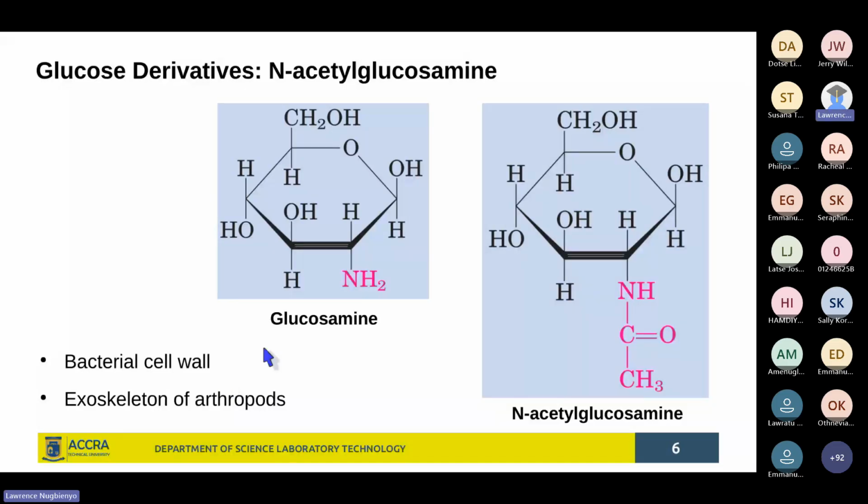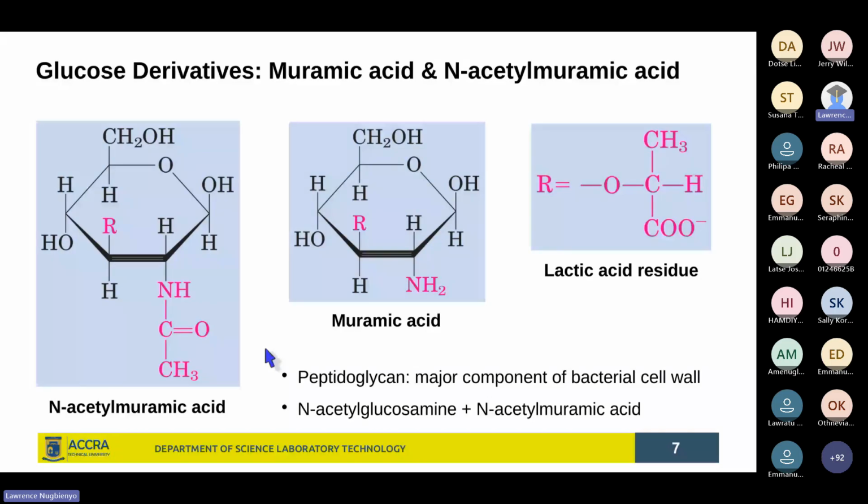Now we move to the monosaccharide derivative that will form what we call peptidoglycan, which is the major component of bacterial cell walls. But even before then, let's pay attention to the differences, in comparison to the glucose molecule, that make this derivative.